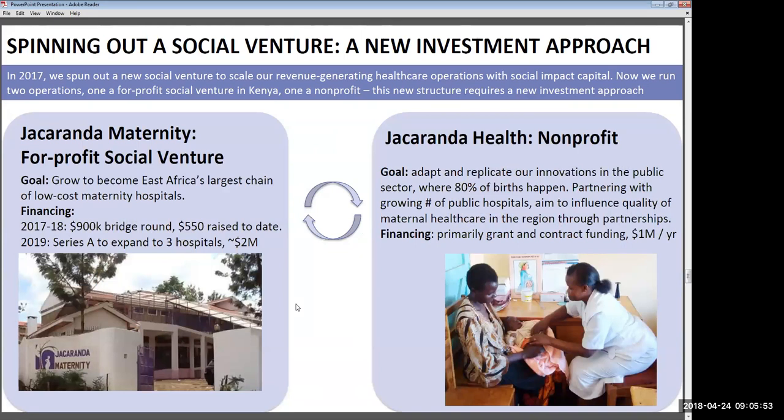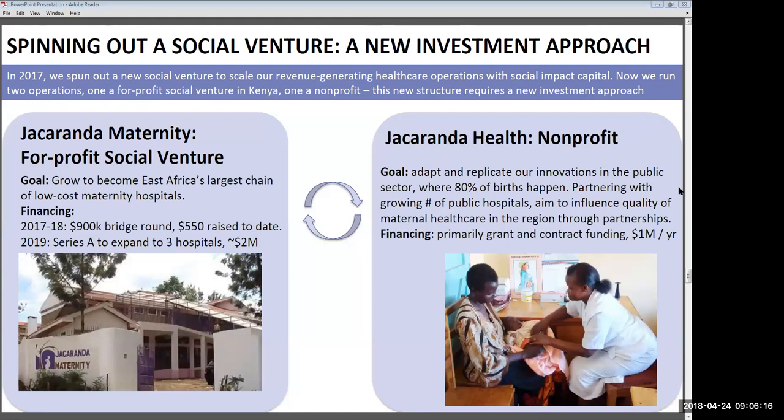Right now, it's our flagship maternity hospital, and then we have the other side of the organization, which is a nonprofit, which is going to continue to be financed by public and foundation funding. So each of those has their own path to scale, and I'm going to talk a little bit about the for-profit spinoff, because it's most relevant to the conversation here.